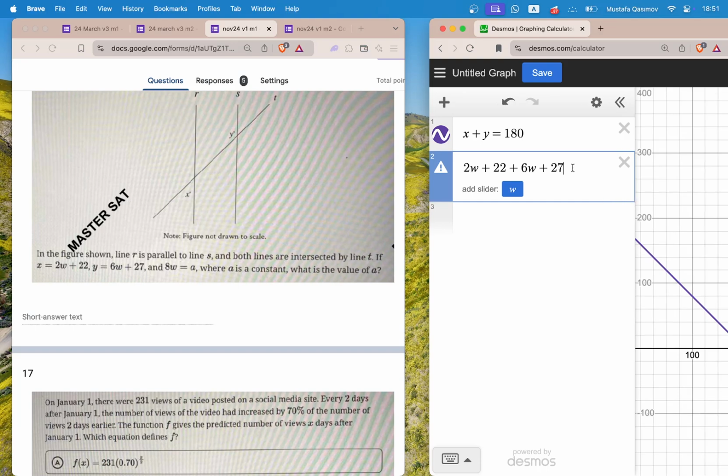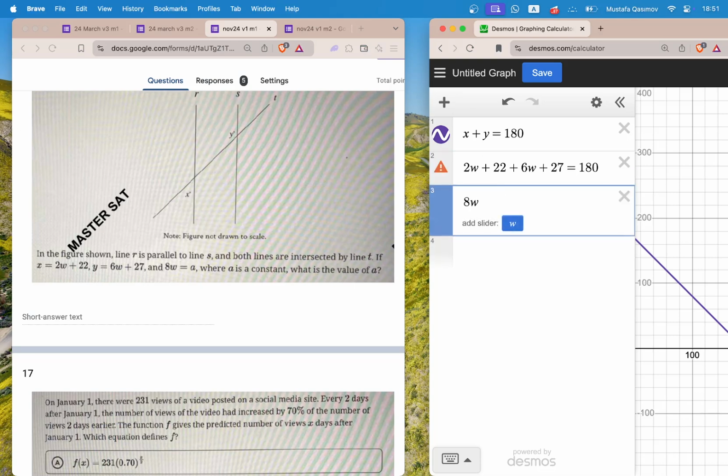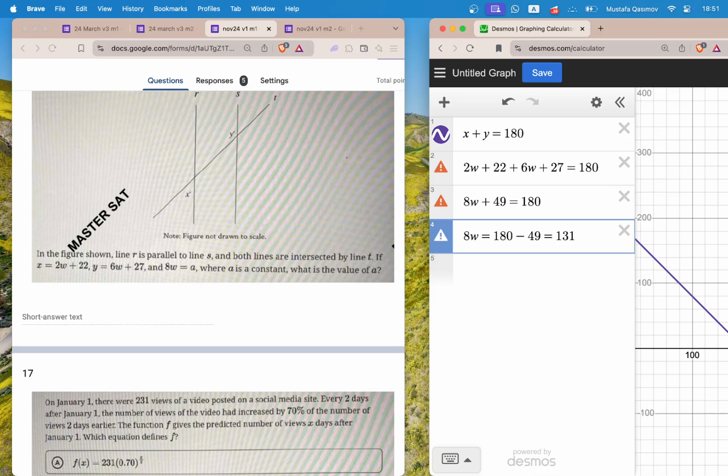It is equal to 180. Then we can write it like this: 8w plus 49 is equal to 180. Then 8w is equal to 180 minus 49. It will be equal to 131. So answer is 131 here.